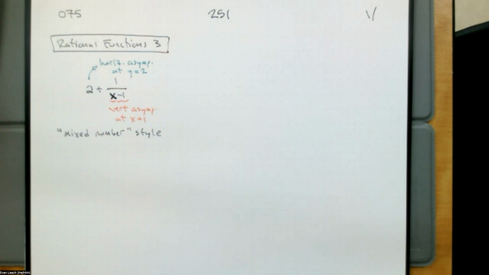It splits up between the stuff that cares about what's far away from 1 and the stuff that's significant close to 1. When x is close to 1, the fraction is very important. That's what causes that vertical asymptote.